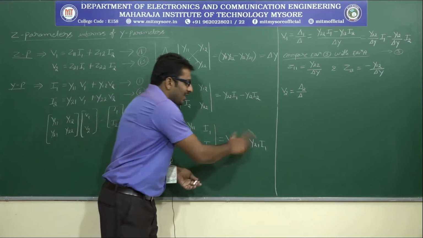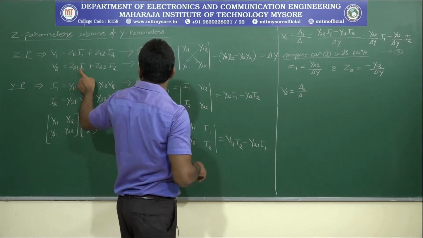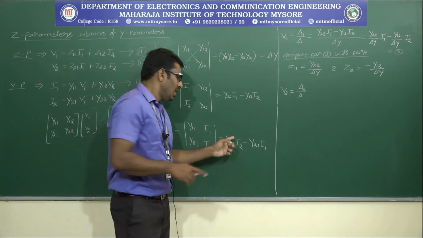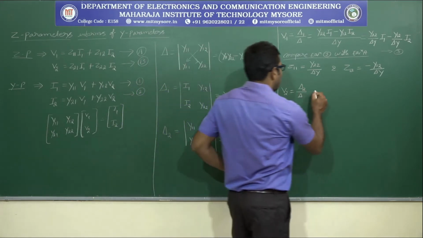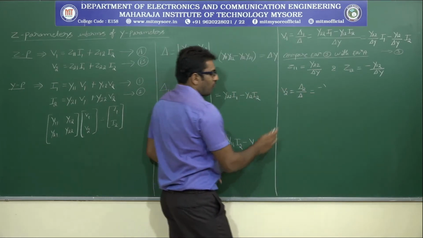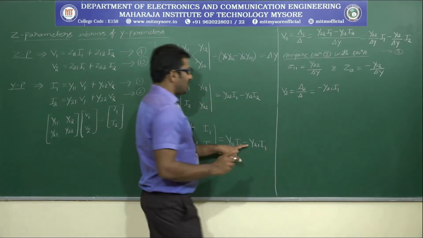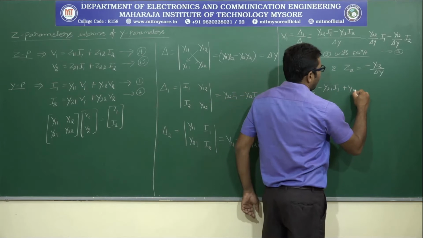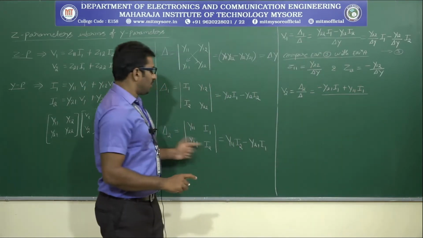Let me rearrange the equation at this stage only, because in the second equation the first coefficient is I1, but what is there? I2. Instead of confusion, let me rearrange the equation at this stage. What is delta 2?